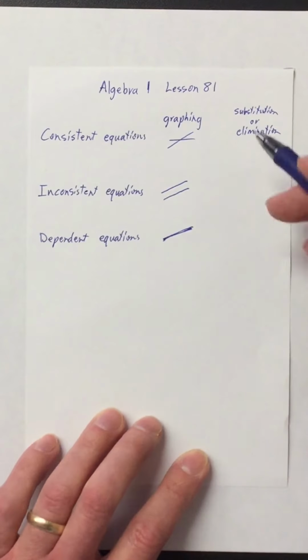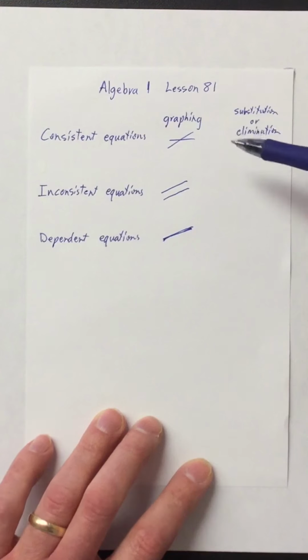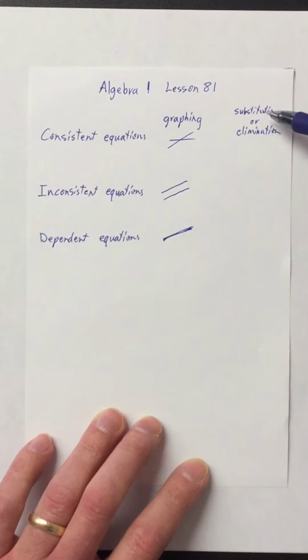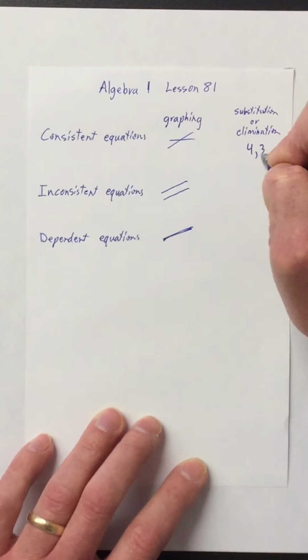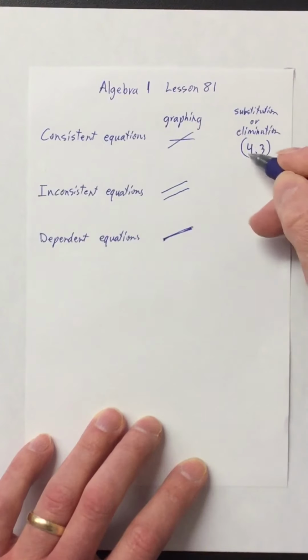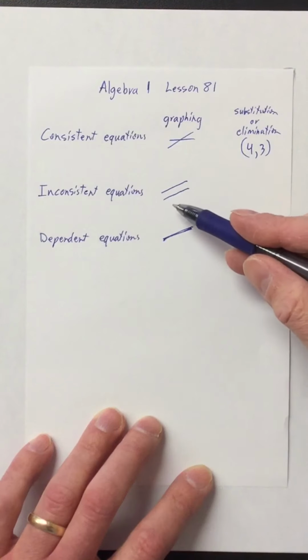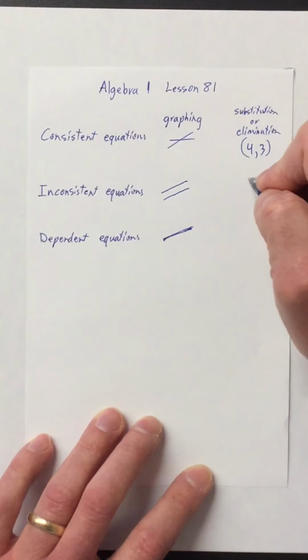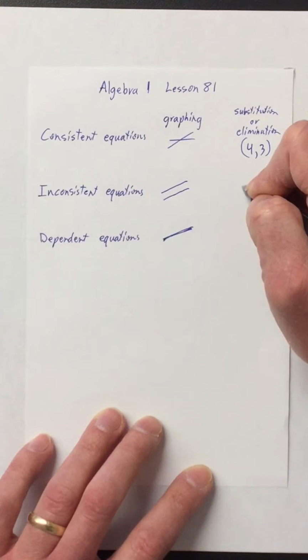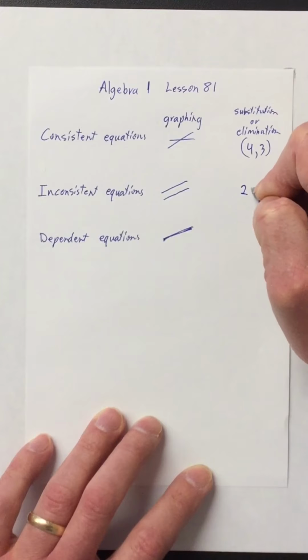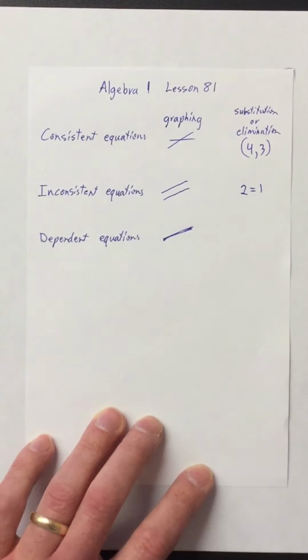We can also find out if two equations are one of the three by using substitution or elimination. When consistent equations are solved this way, you'll get a set of coordinates, for example, x is 4 and y is 3. When you use this for inconsistent equations, you will get an untrue statement, such as 2 equals 1.